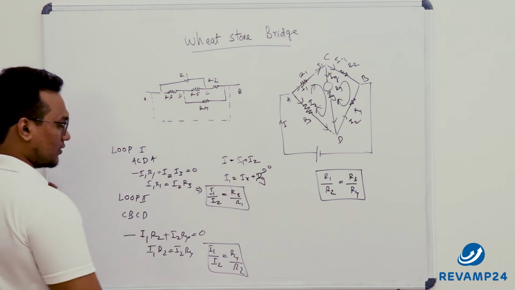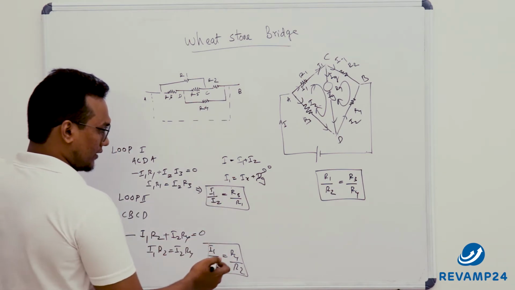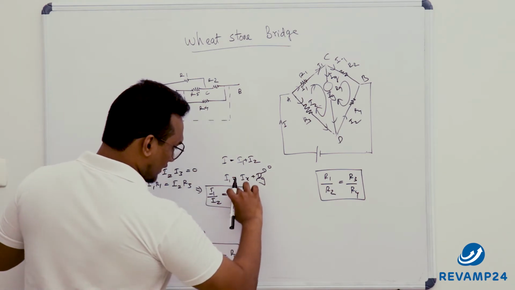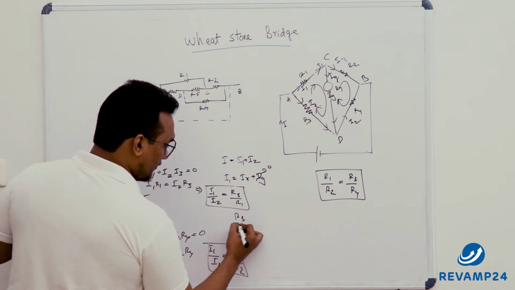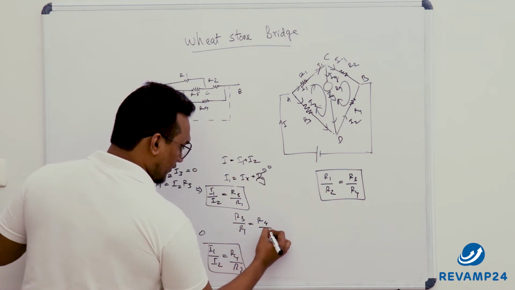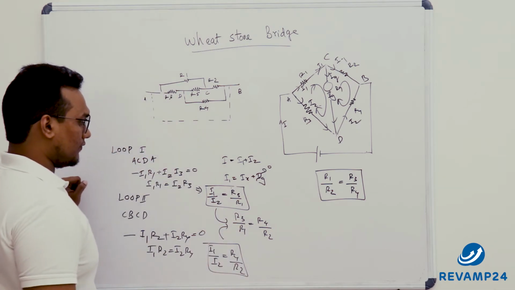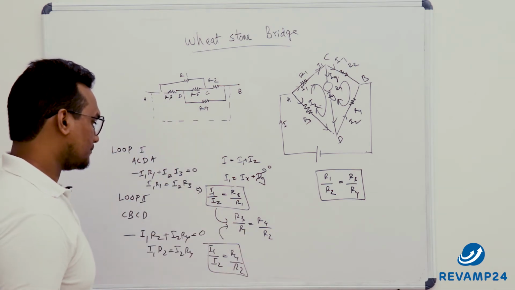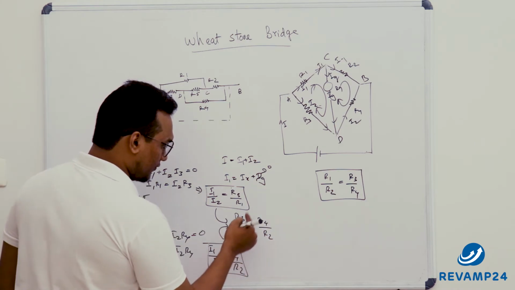Now compare these two relations we have derived, I1 by I2, I1 by I2. I can equate these two. Equating LHS is nothing but equating RHS. So R3 divided by R1 is equal to R4 divided by R2. When we compared, we got this value. Now I'm going to take R1 to this side and R4 to this side.